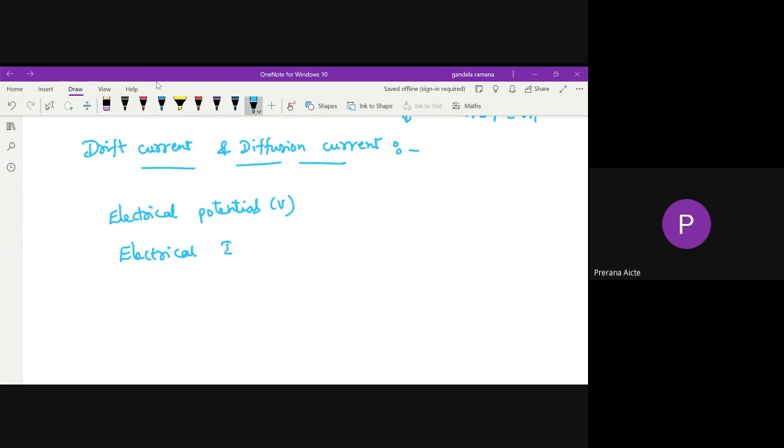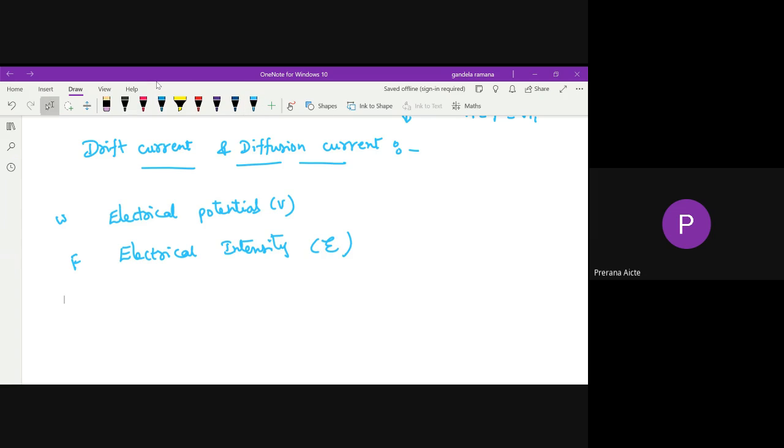So what is this electrical potential? This is work done, and this one is force.